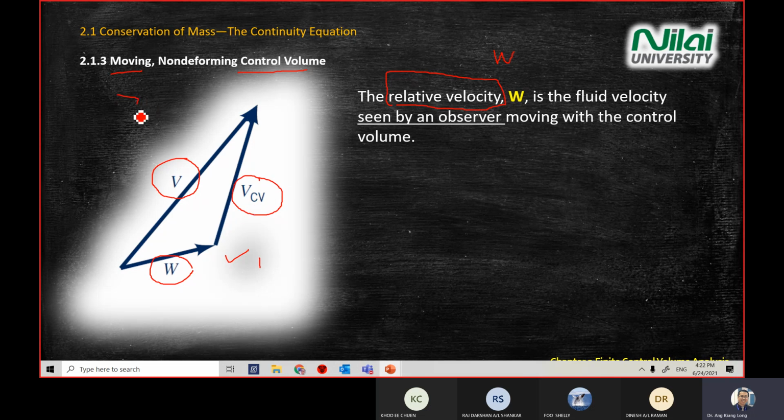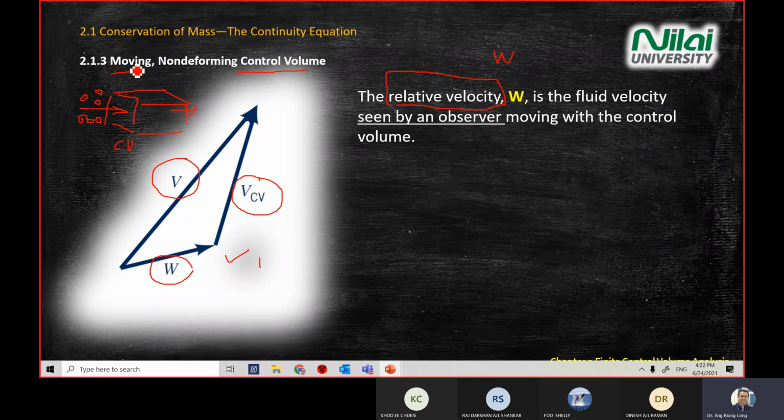Now just recall that we are analyzing our control volume and our fluid going in and out of the control volume. So we have our fluid here. I just draw it as a small circle to represent the fluid, but of course, like water, it will just fill the control volume.